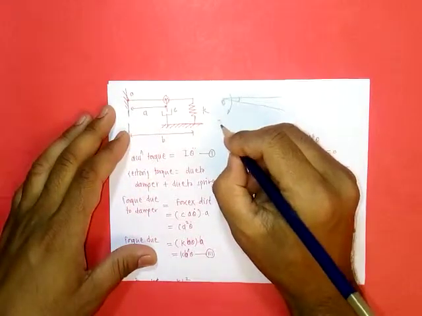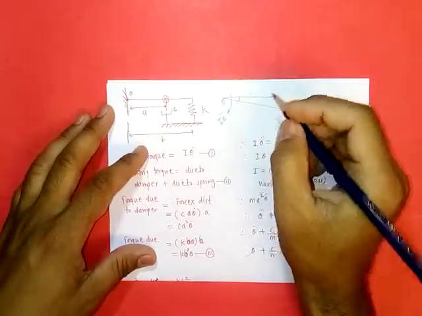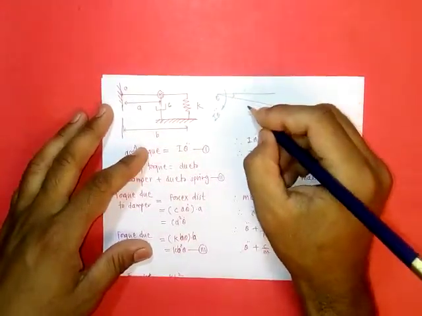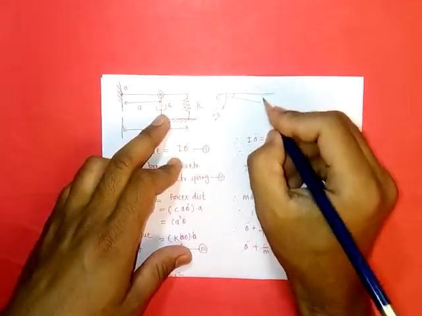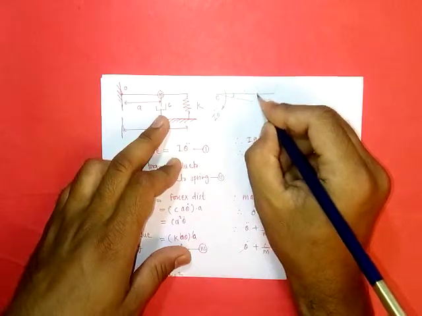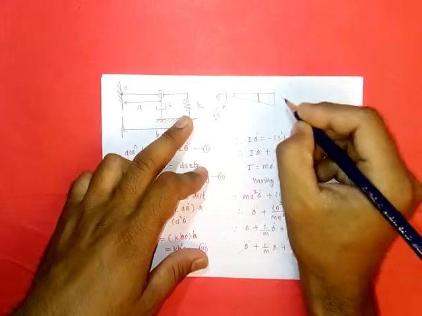It is given by I theta double dot. Then there will be restoring torque developed in the system. The first restoring torque is due to the damper, force into distance, and the second one is at the spring location.